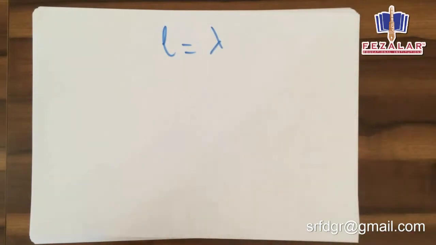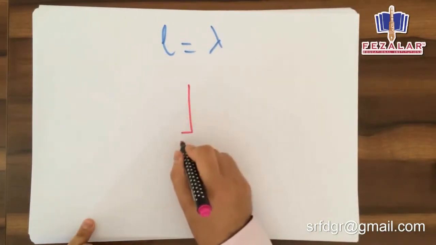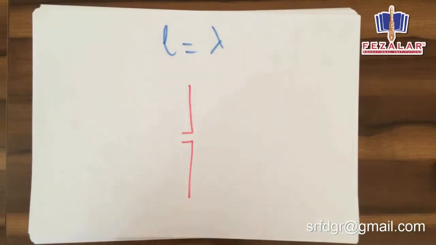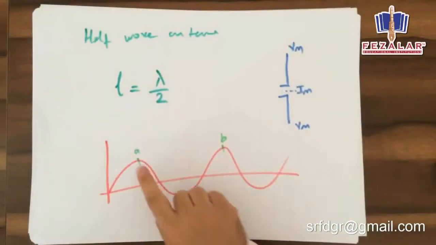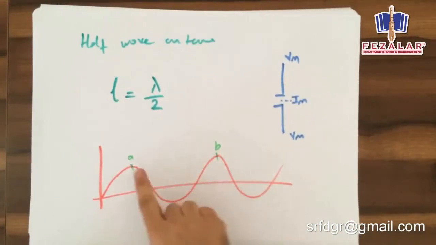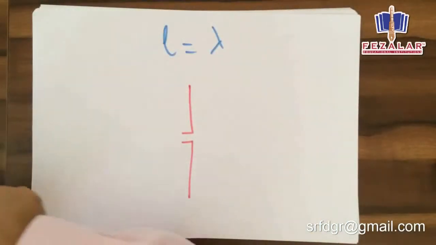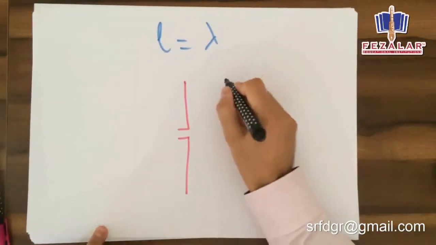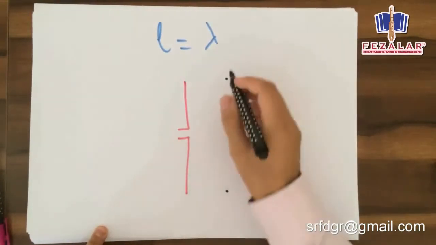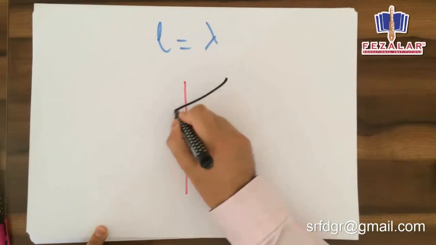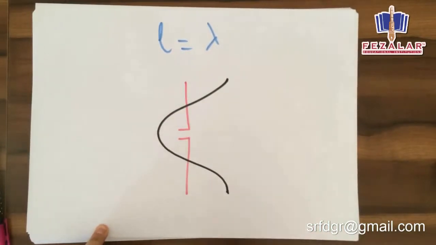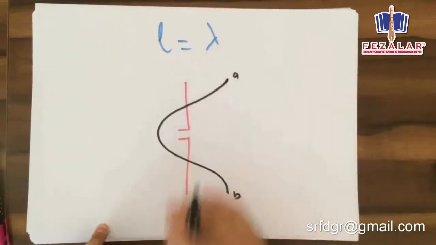This is our antenna. A and B are two crests, two maximum points. Let's draw the graph. Here is point A and here is point B. At the ends, as you see, voltages are maximum.